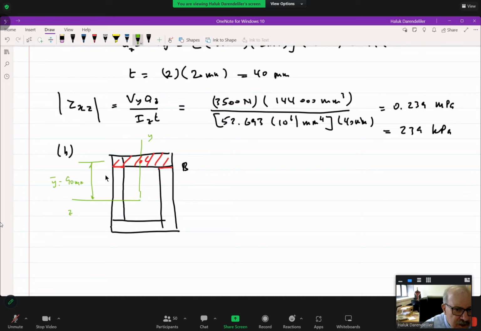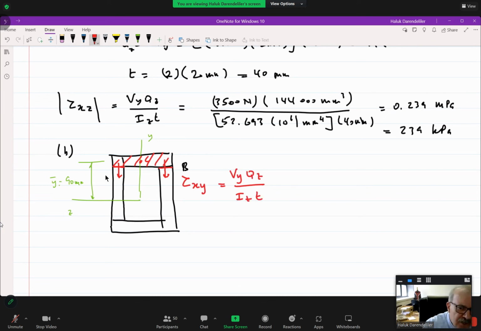Only the area changed. And on this area, we have two stresses. One of them is this, the other one is this. Both of them are tau. Yes, tell me. X. Yes. Y. The equation is, again, Vy, Qz, Iz, T. Look, the equation is exactly the same.